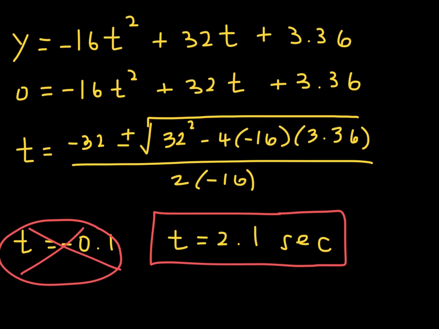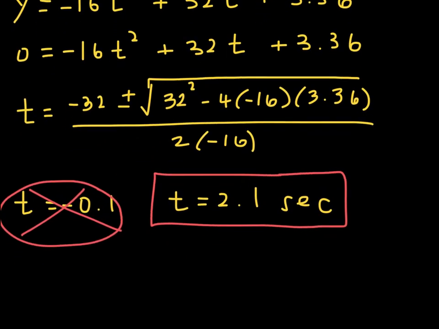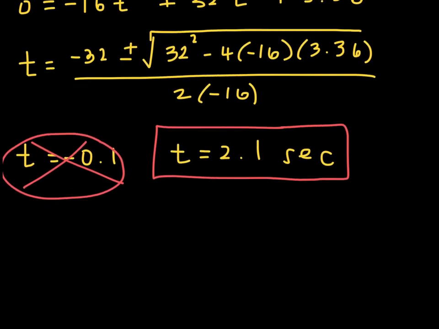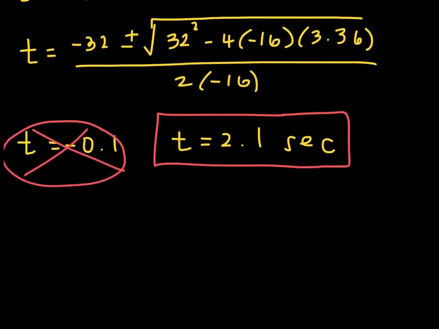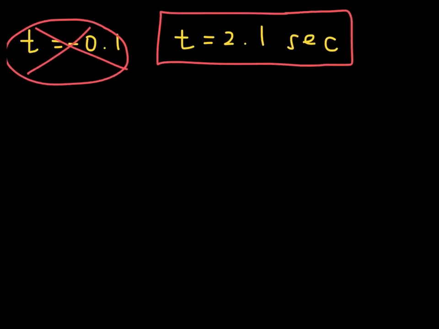Now, the last thing they asked us to find was the horizontal distance that the rocket traveled. Do you remember that this is the parametric equation that gives us the horizontal position? Remember that from earlier?